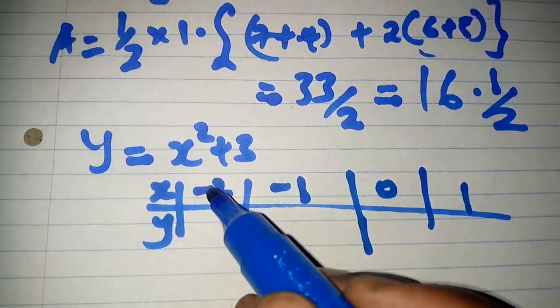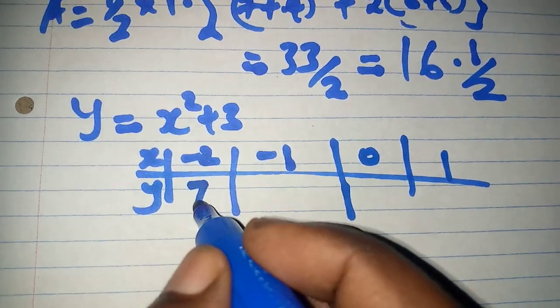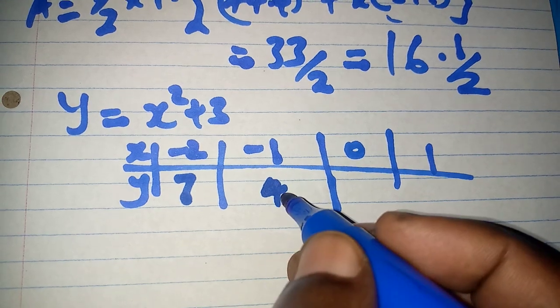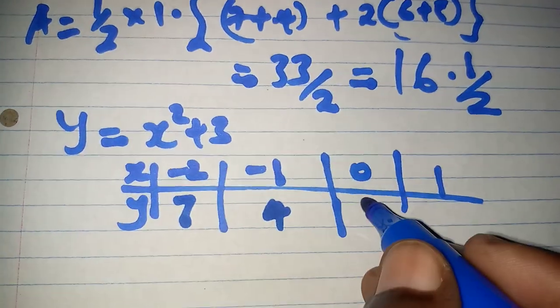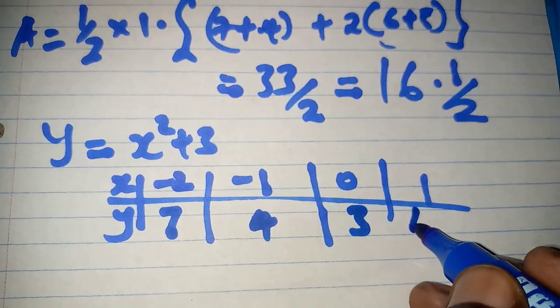So substituting x is equals to -2 in my equation, I'll have 7, because that is giving me 4 for -1. When you substitute 0 it is 3, and when you substitute 1, it is 4.